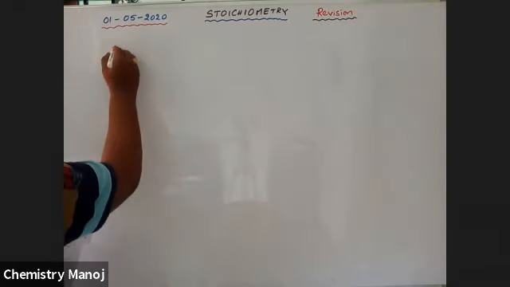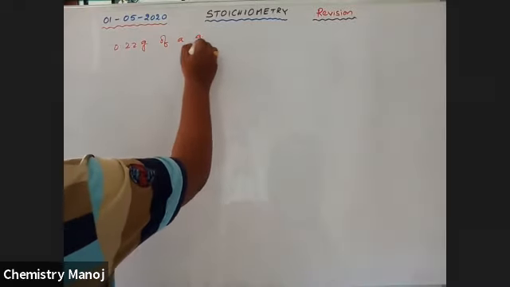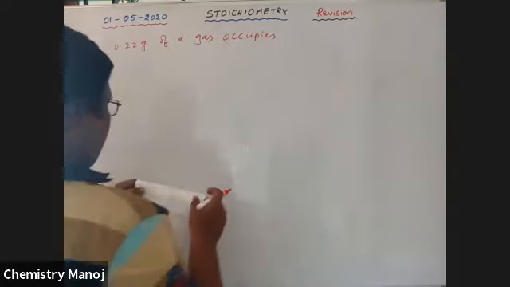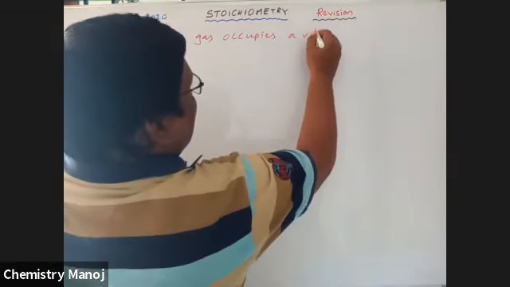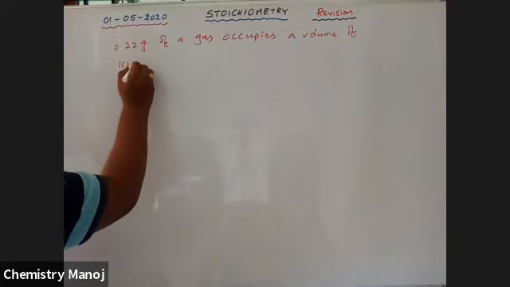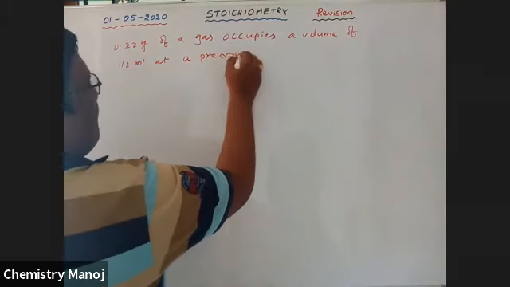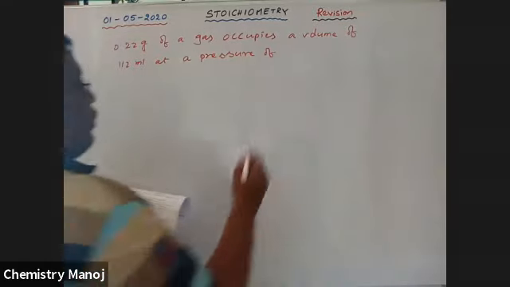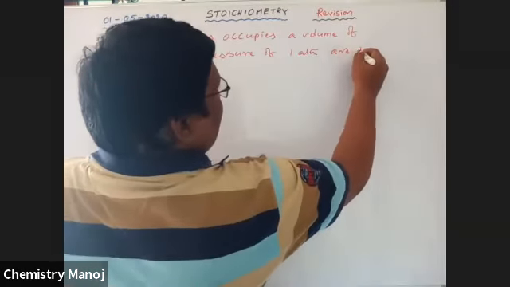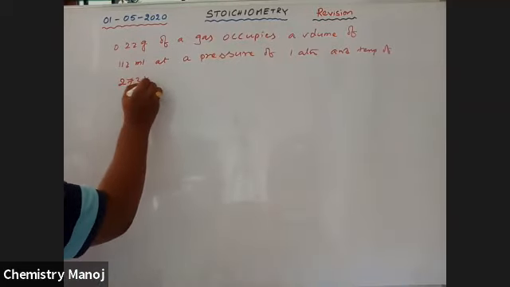0.22 grams of a gas occupies a volume of 112 ml at a pressure of 1 atmosphere and a temperature of 273 Kelvin.